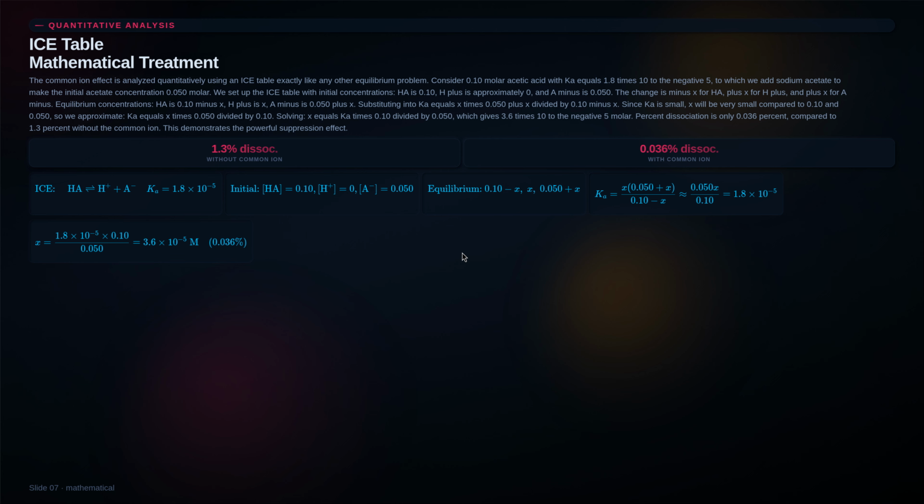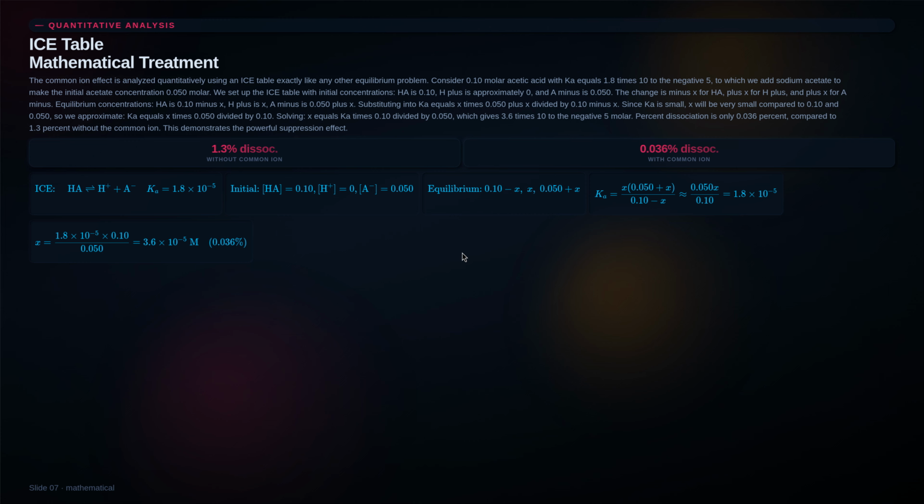HA is 0.10, H plus is approximately 0, and A minus is 0.050. The change is minus X for HA, plus X for H plus, and plus X for A minus. Equilibrium concentrations: HA is 0.10 minus X, H plus is X, A minus is 0.050 plus X.